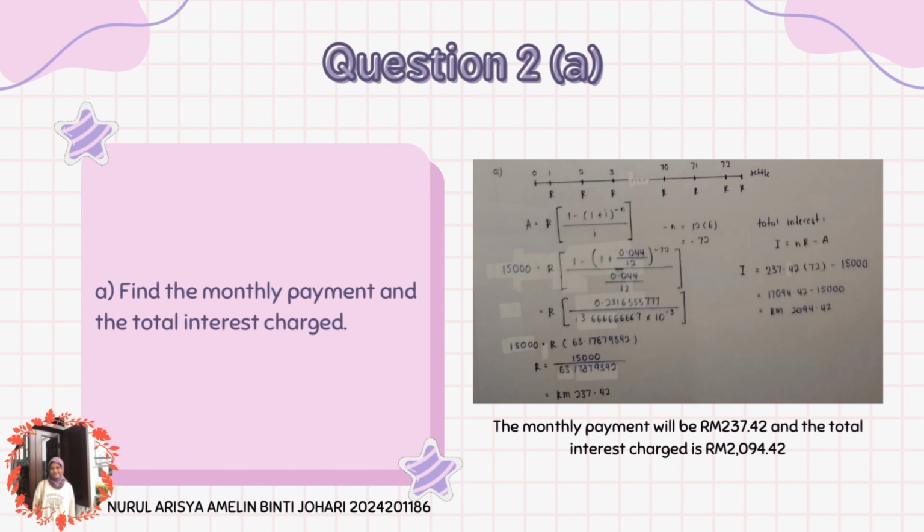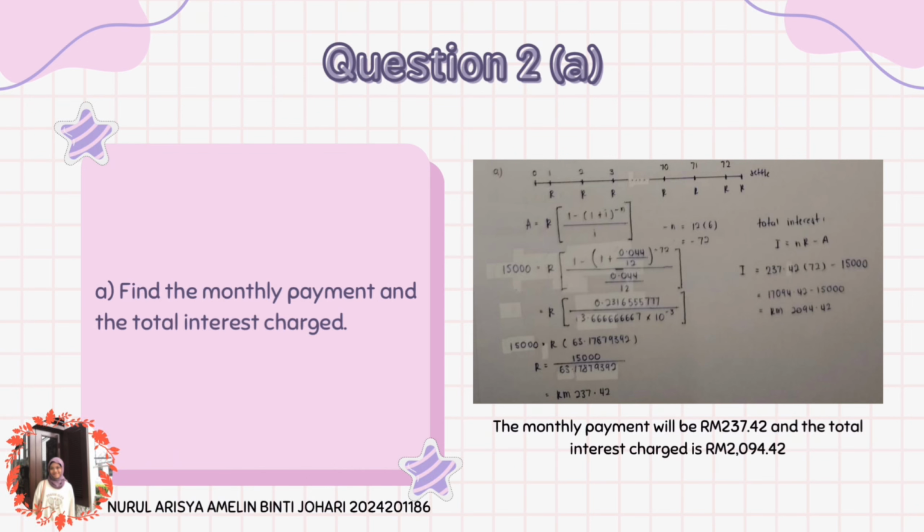The formula that we are going to use is the present value, which is A equals R bracket 1 minus bracket 1 plus i bracket to the power of negative n divided by i bracket. After that, we should include all the information into the formula, which is 15,000 equals R open bracket 1 minus bracket 1 plus 0.044 divided by 12 bracket to the power of negative 72 divided by 0.044 divided by 12 close bracket.